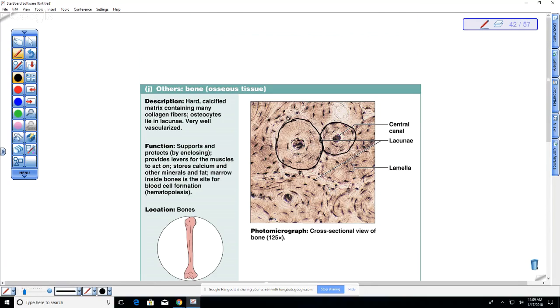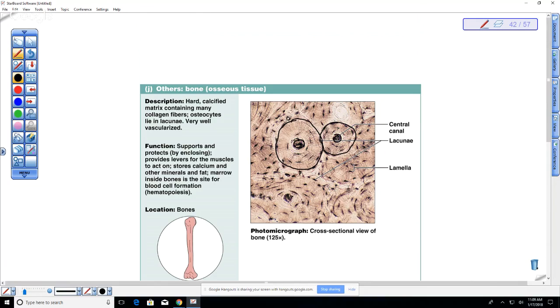So in the center of all of these circular canals, which are sometimes called osteo... I can't remember exactly what that's called. We'll talk about it in lab. They have these central canals, and this is where blood vessels come up. So blood vessels come into the bone. So bone is living, and it is very vascular, and the blood delivers nutrients.